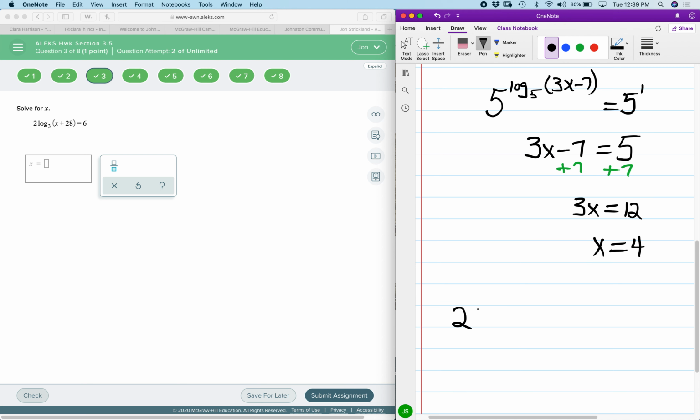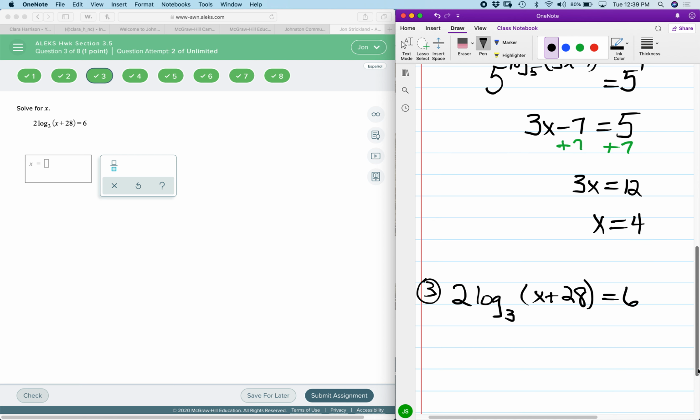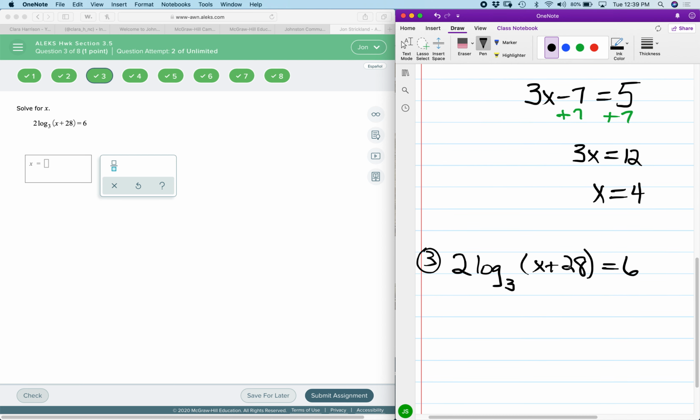Now, for problem number 3, we have 2 times the base 3 logarithm of the quantity x plus 28 is equal to 6. In this one, if you notice, you have even number coefficients on both sides, so we can divide the equation by 2.